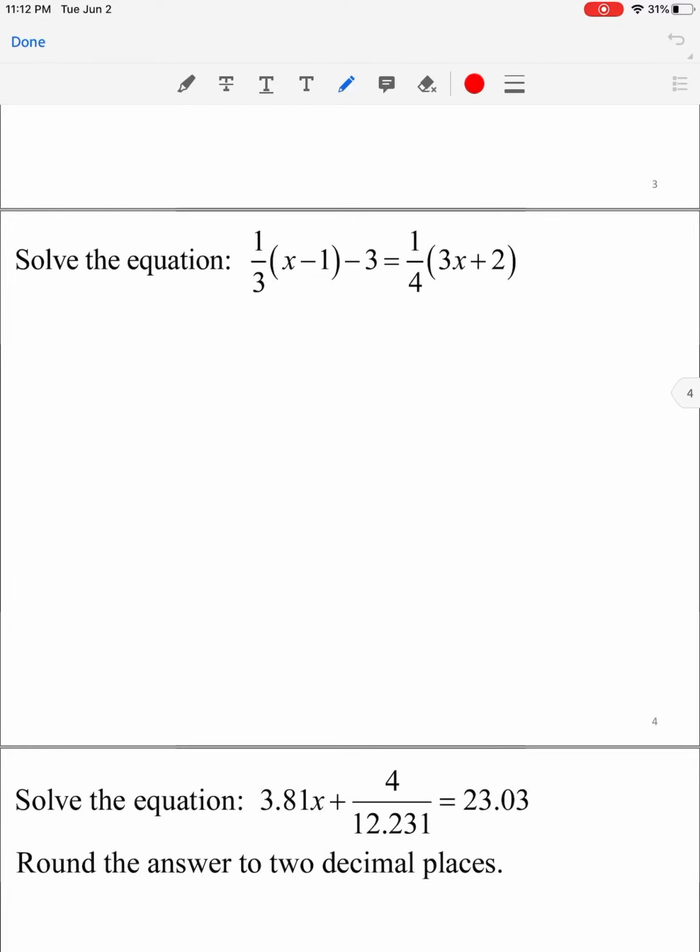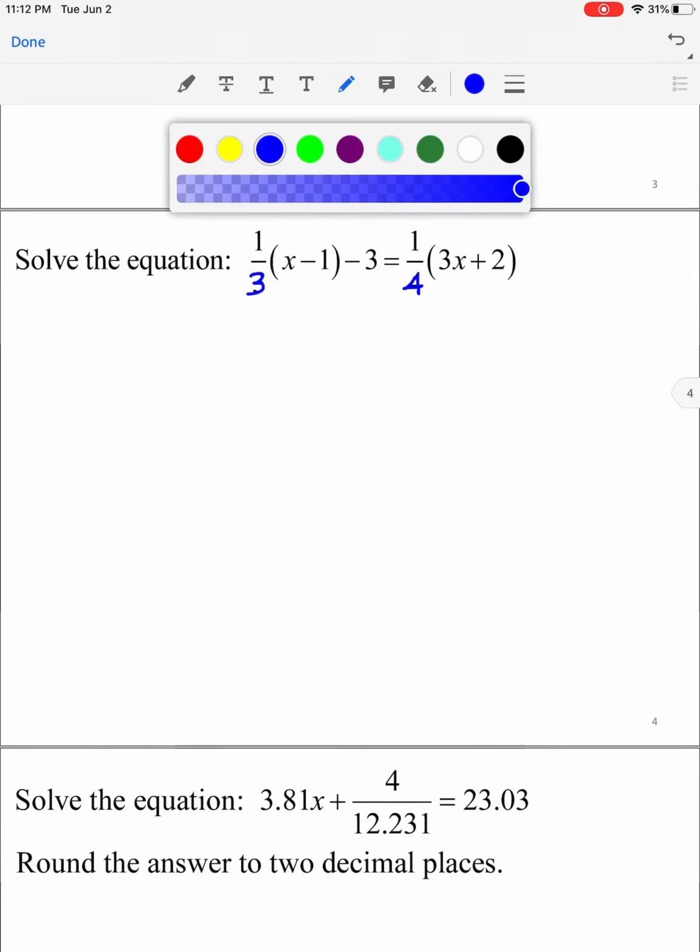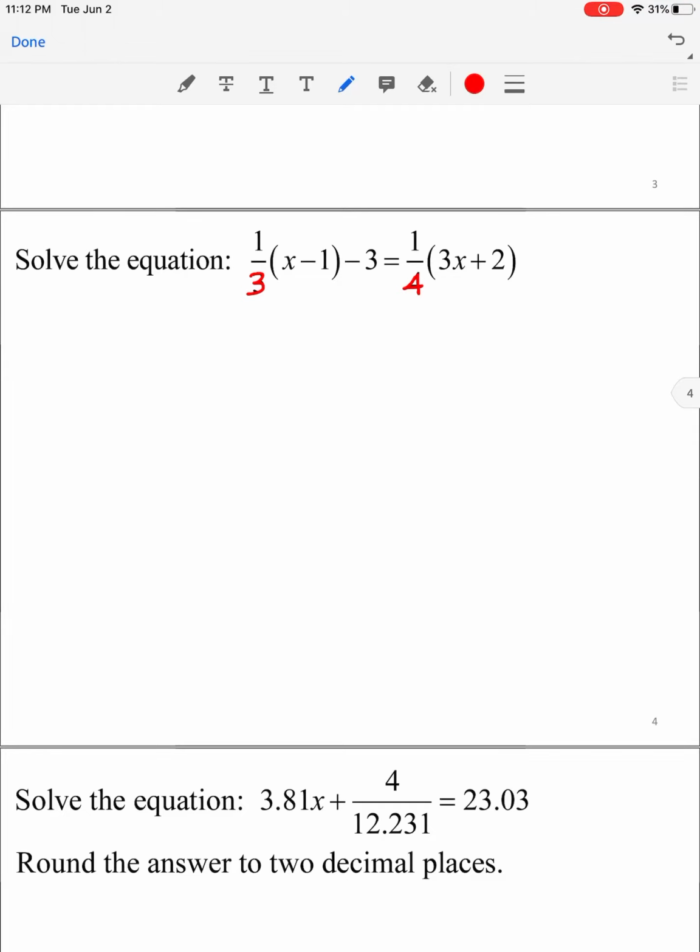All right. So I'm just going to change the color of this denominator right quick. And I'm going to change the color of this other denominator. All right, so we have 3 and 4 as denominators.